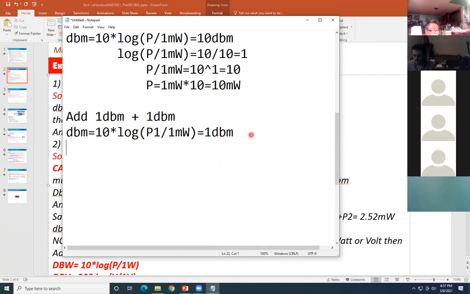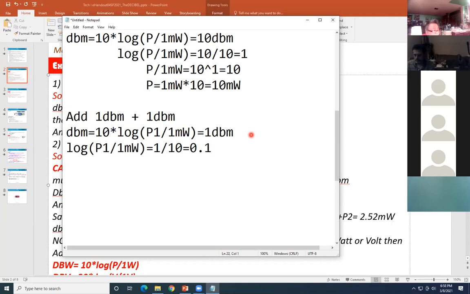You take the log only, right? Log of P1 divided by 1 milliwatt will be equal to 1 over 10, and that equals 0.1.